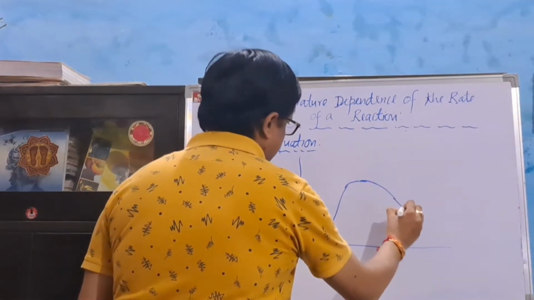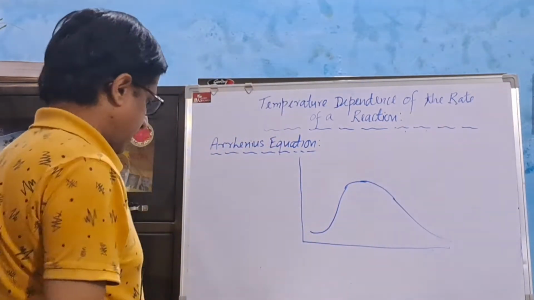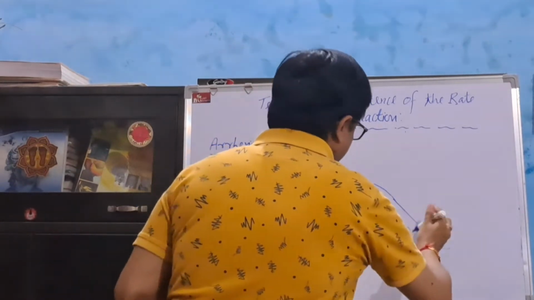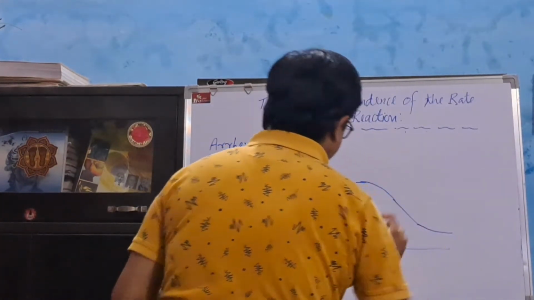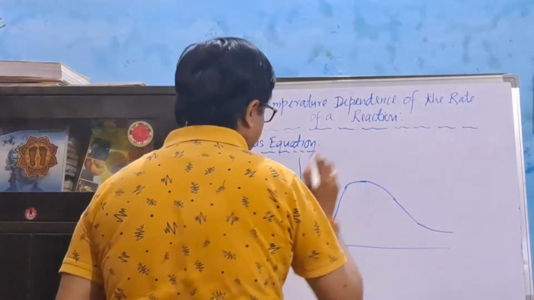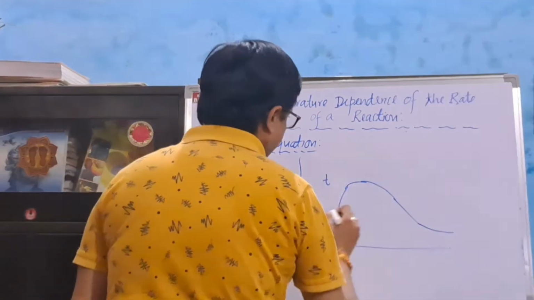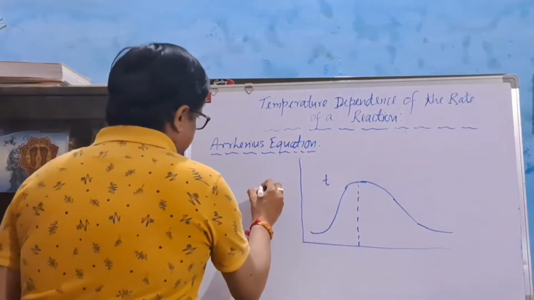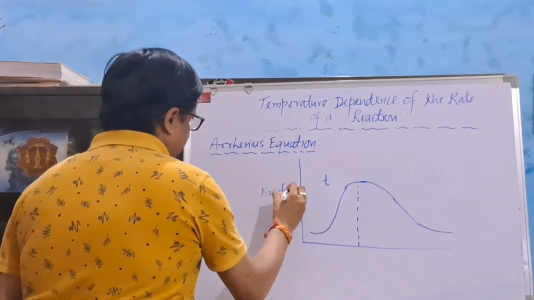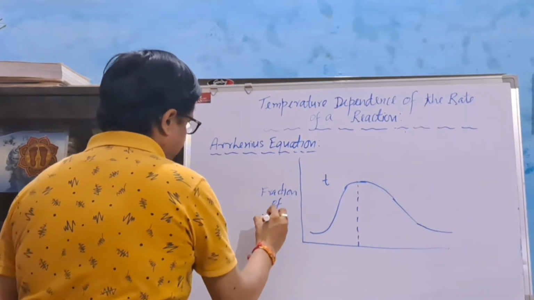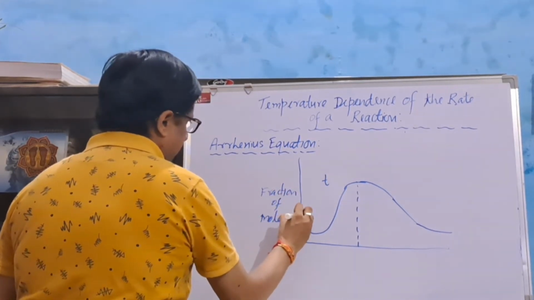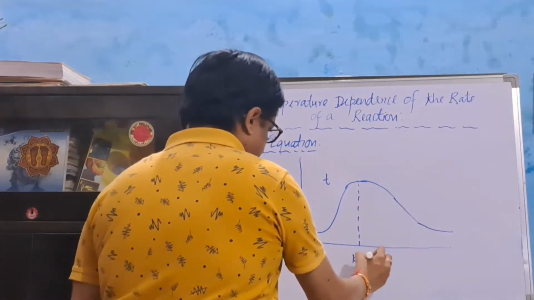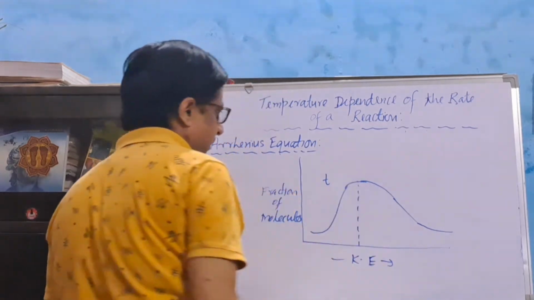This is the most probable kinetic energy graph at temperature T. This is fraction of molecules on y-axis, and x-axis contains kinetic energy.